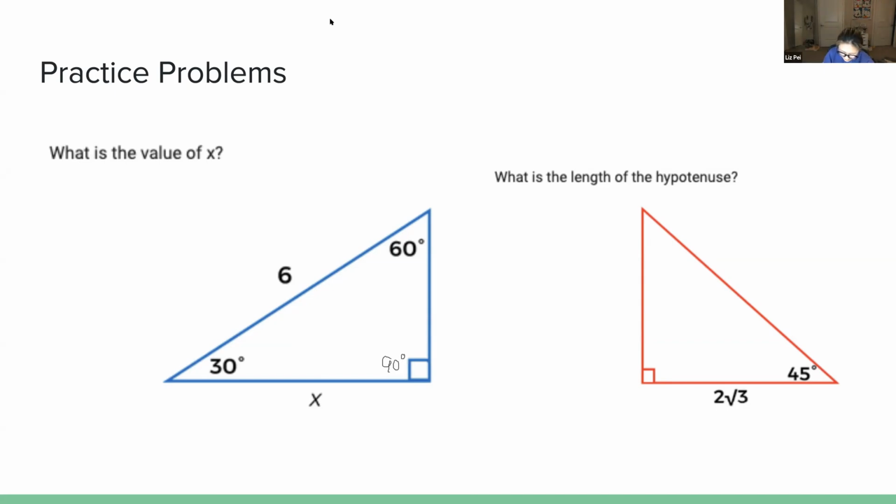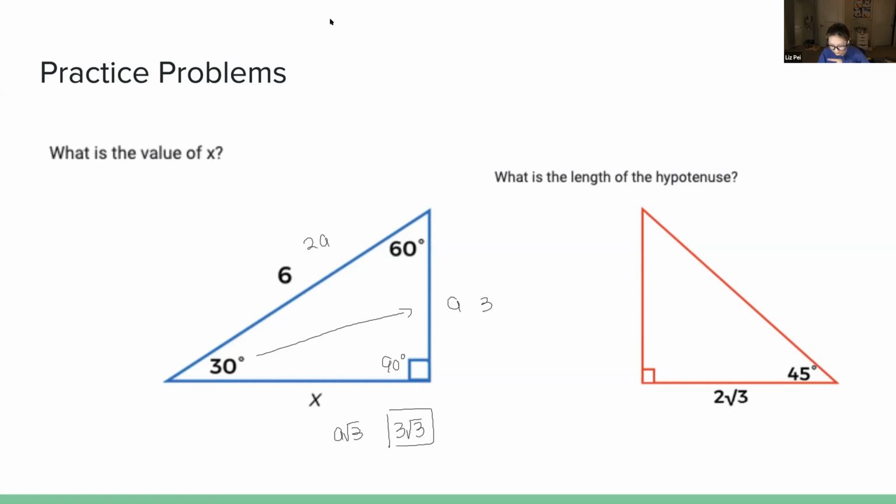Last class, you probably learned that this side we call A, the hypotenuse we call 2A, and this side we call A square root of 3. Based on the numbers, this side will be 3, and this side will be 3 square root of 3. That'll be our final answer.